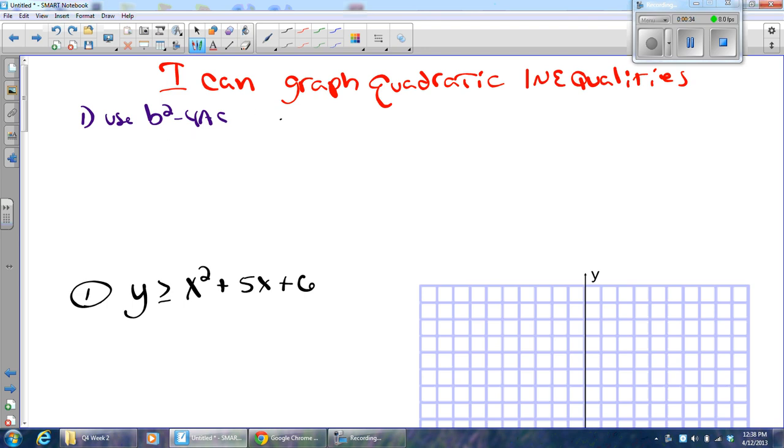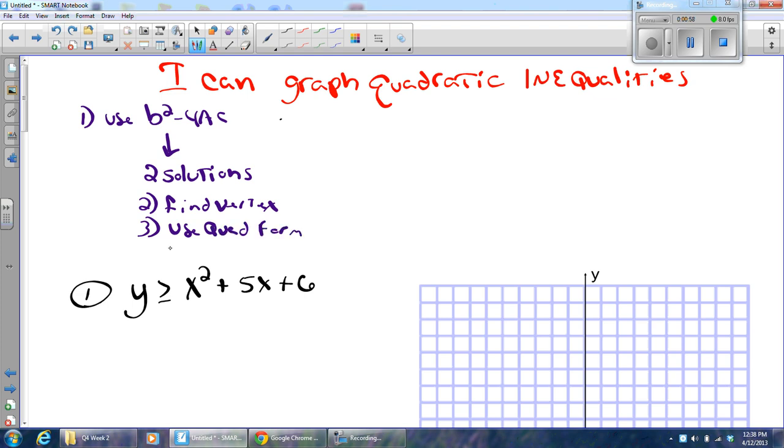If there were two solutions, meaning we got a positive discriminant, step two would be to find the vertex, and then step three would be to use the quadratic formula to find the roots. And then, of course, we'd graph it. That would be the fourth step.